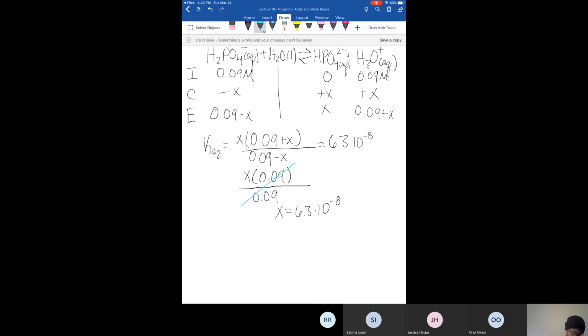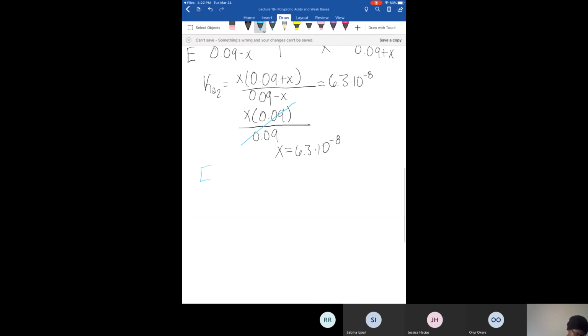Okay, so now you can do your HPO4 2 minus concentration equals X, which equals 6.3 times 10 to the negative 8. And now your H3O plus concentration equals 0.09 plus X, which is roughly still 0.09.